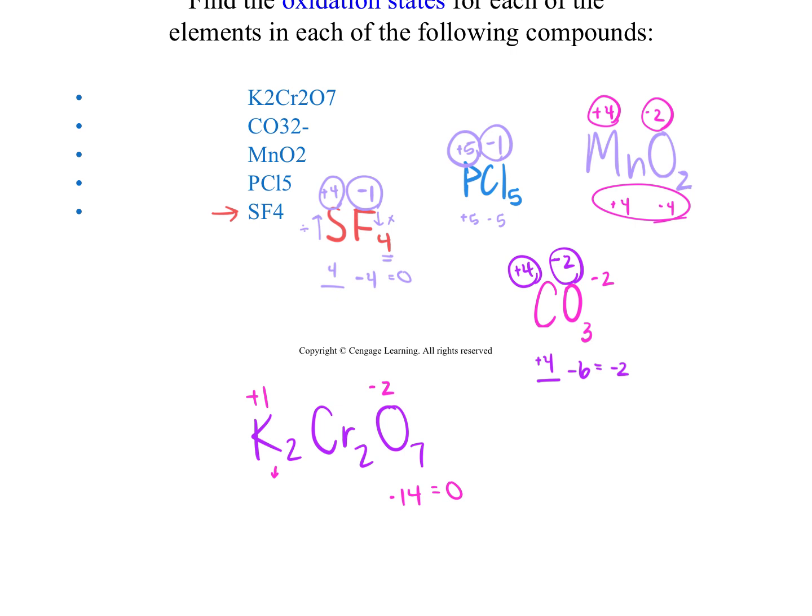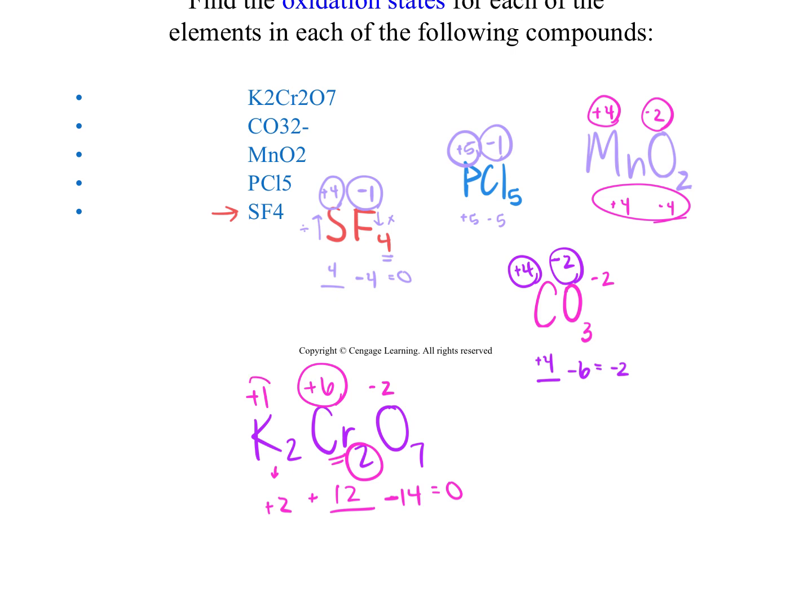So +1, that gives me +2. So now 2 plus what, -14 equals 0? 12. And 2 chromiums need to share that 12. So that means chromium becomes +6.